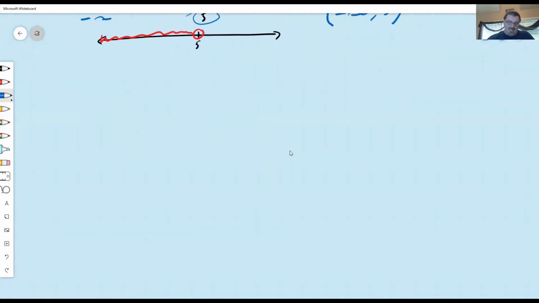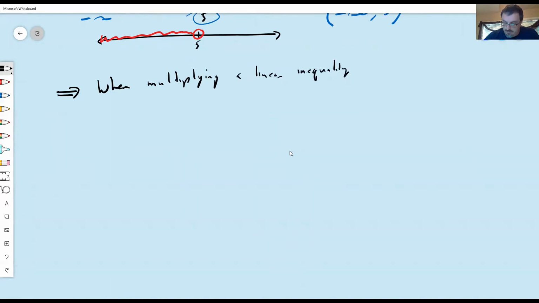Now, one other thing we need to talk about is, you may remember there's one sneaky thing about working with linear inequalities, and that is when multiplying a linear inequality by a negative, the direction of the inequality sign reverses.